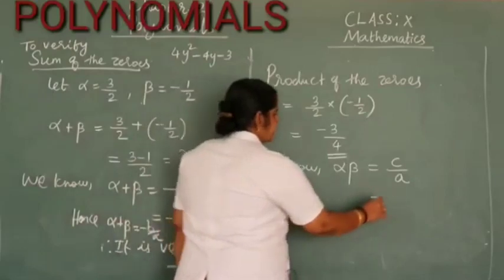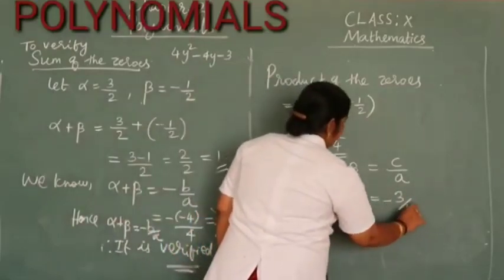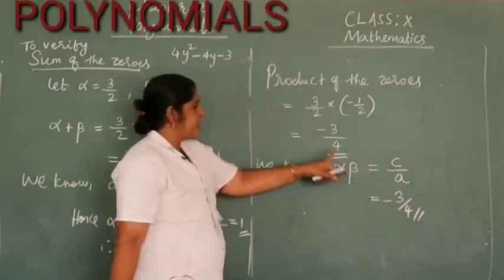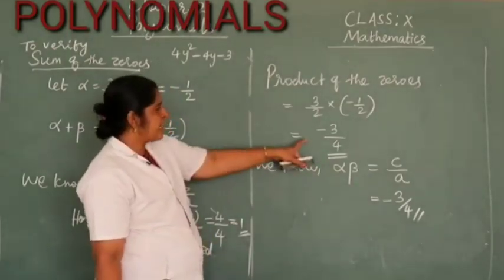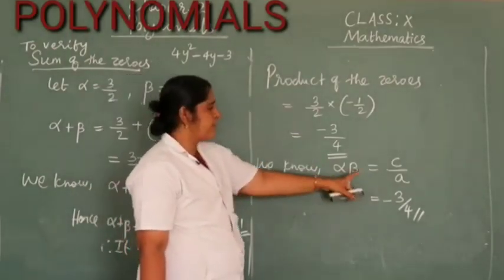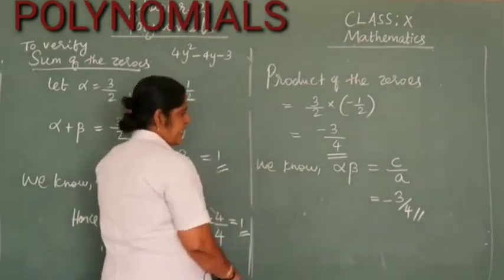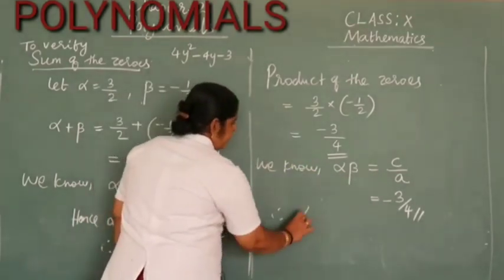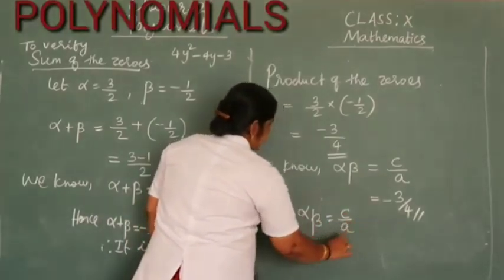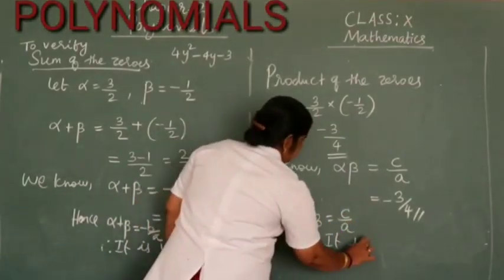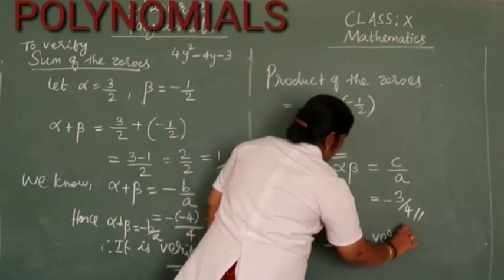So you are getting minus 3 by 4, the same answer as before. So thus we can verify that the product of the zeros, alpha beta, equals c by a. Therefore alpha beta equal to c by a is verified.